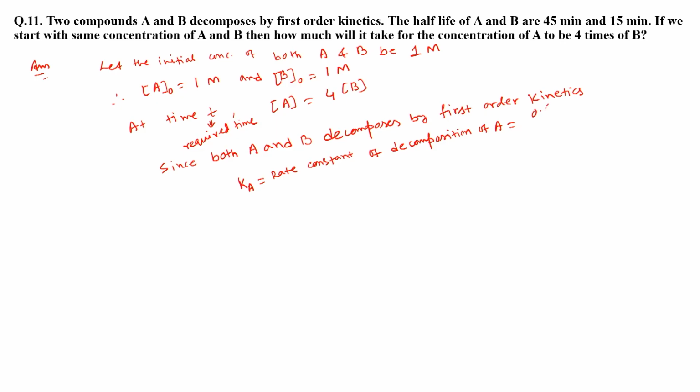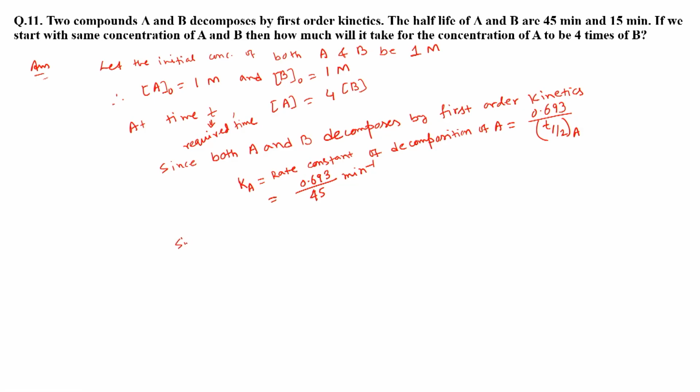So, 0.693 by half life period of A, T half of A. So, we write Ka is 0.693 by 45 minutes, so this is minute inverse. This is the rate constant of decomposition of A.